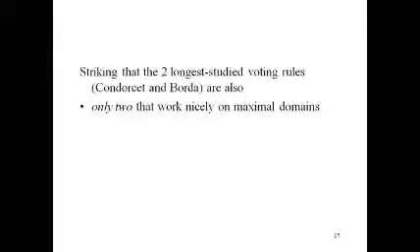We thought that this result has a nice historical aspect to it. As I said, Condorcet and Borda were arch enemies. They each had their favorite voting rule. These voting rules also happen to be probably the most intensely studied voting rules.